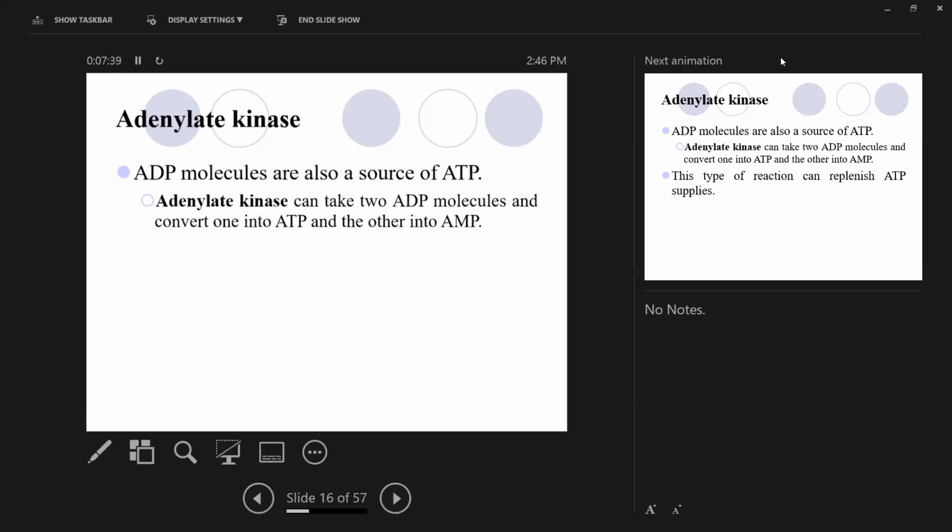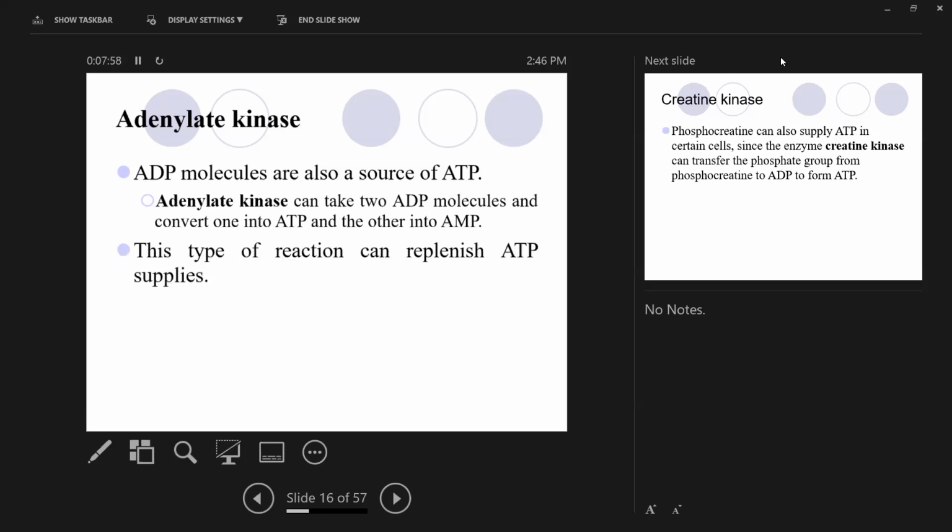This will help you increase levels of ADP inside cells if the concentration of ADP falls too low. You can also use it to help replenish ATP stores. If they fall too low and you have plenty of ADP around, you can use that to get ATP as well. So this enzyme can kind of do double duty inside the cells. It's a very useful enzyme.